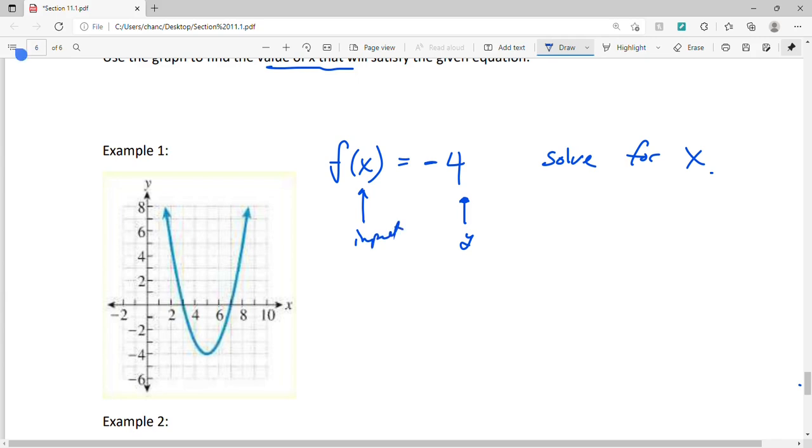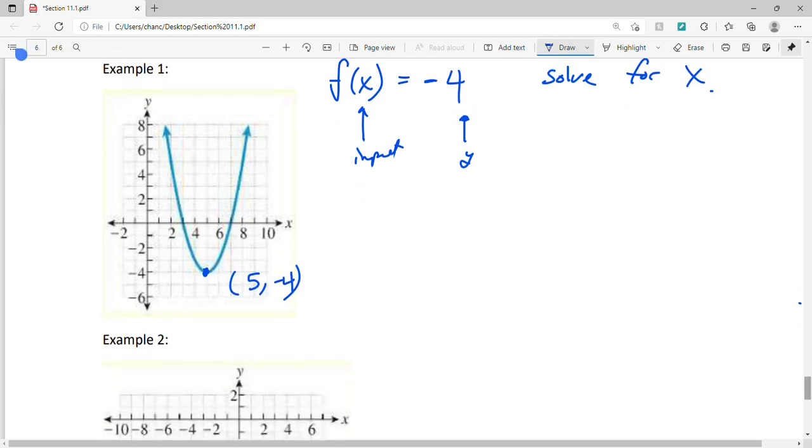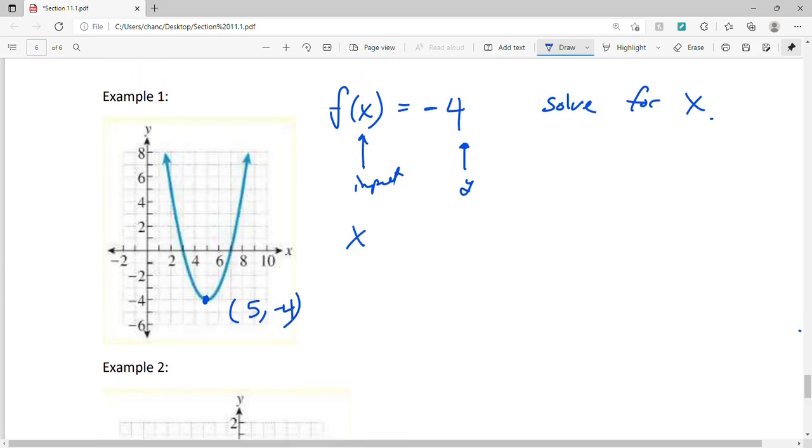So if you look at the graph, this point has the ordered pair 5, -4. So that means x has to be equal to 5, because f of 5 would equal -4. And that's what we're doing in this problem. I am giving you the output, or the y coordinate, and asking you to find the x that would work. So this is backwards.